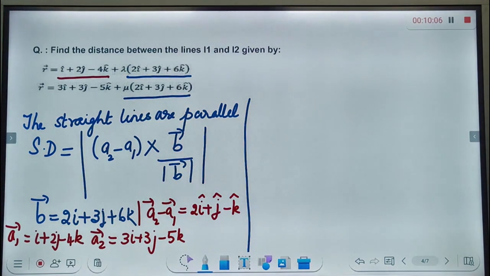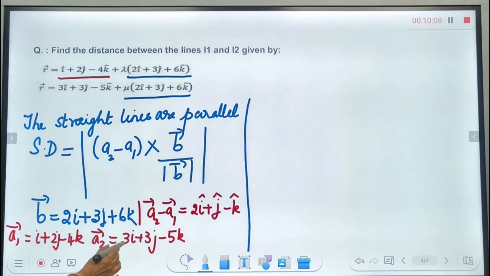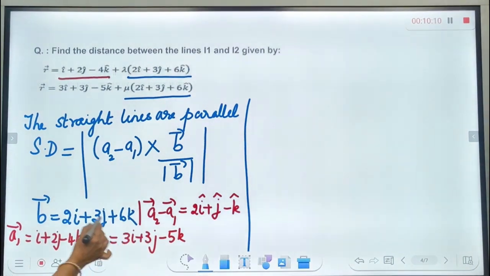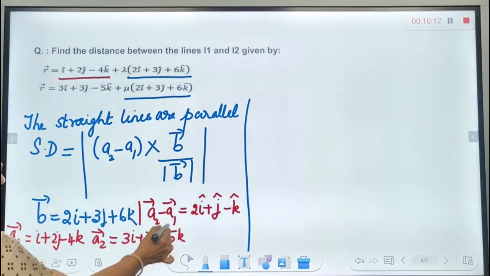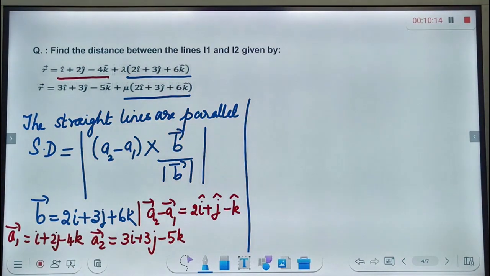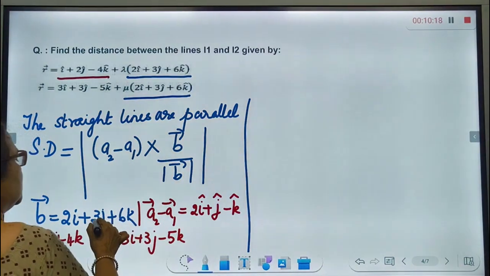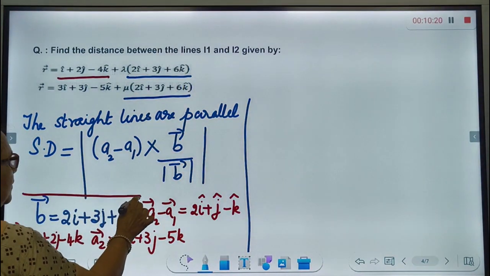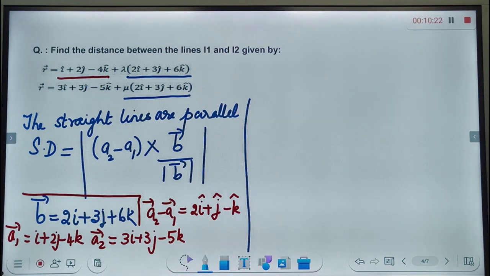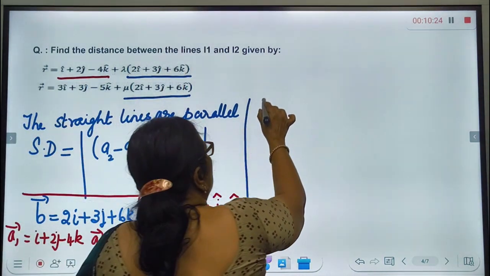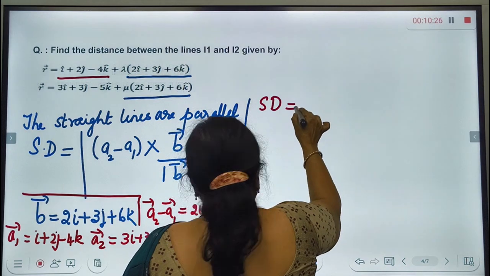Again, I am repeating: 3i minus i is 2i, 3j minus 2j is j, minus 5k plus 4k is minus k. So a2 minus a1 is 2i plus j minus k. So what is it that we have to do to find the shortest distance?